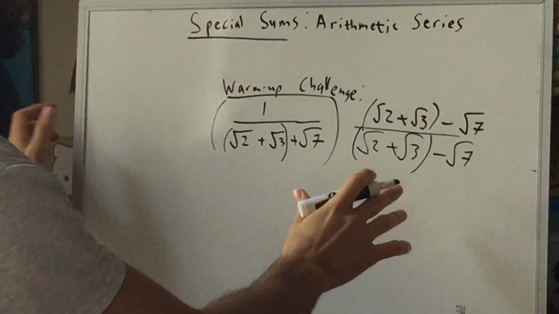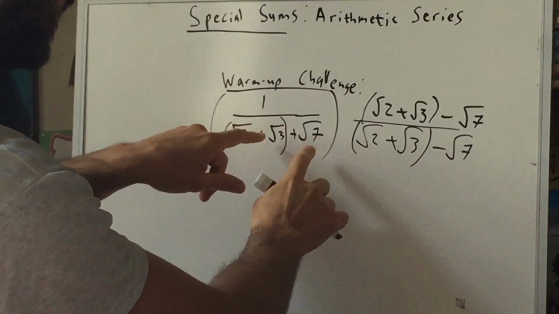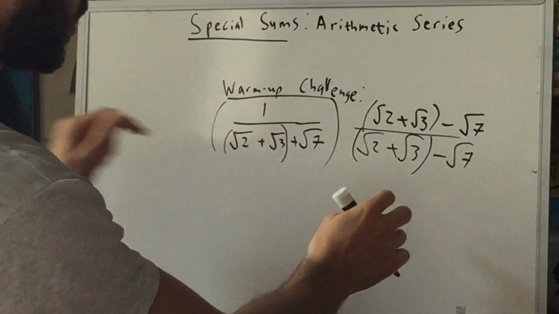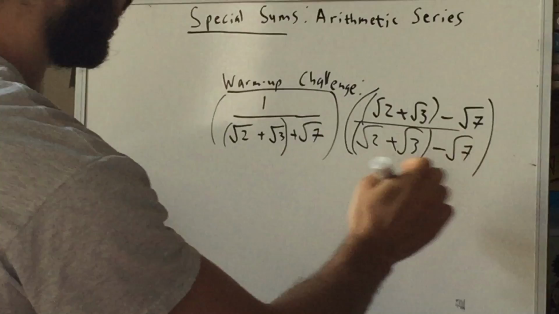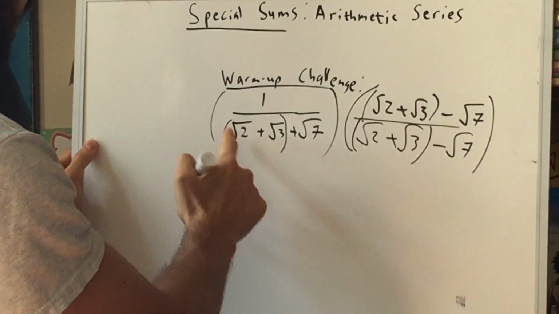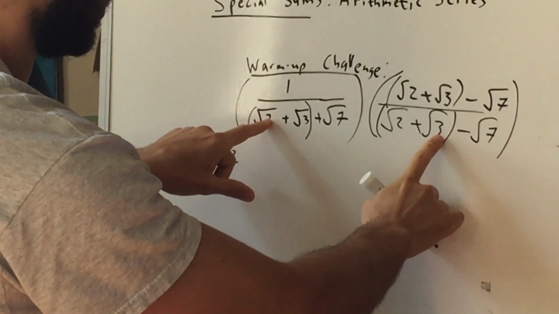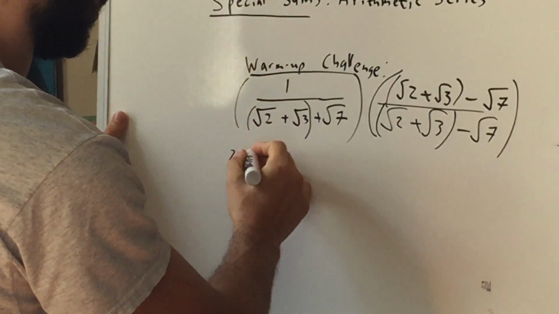Okay, so what's going to happen, I won't even bother with the top. Let's focus on the bottom, the denominator times the denominator. What's going to happen here is that when you multiply this by this, you will get root 2 times root 2, which is just 2. There'll be 1 root 6 from here and 1 root 6 from here, so that's 2 root 6.